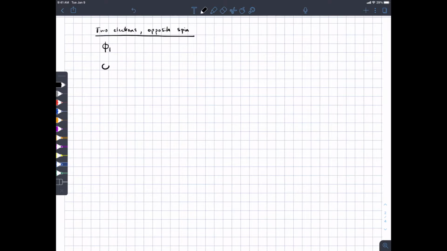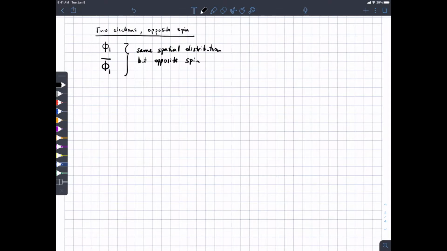And we're going to use the same symbol phi with a bar above it to indicate that these 2 wave functions have the same spatial distribution, but opposite spin.